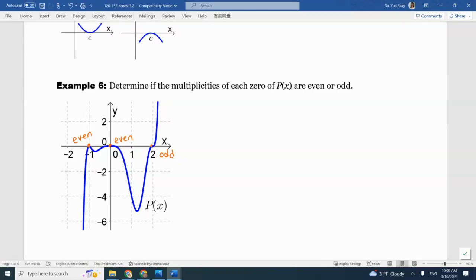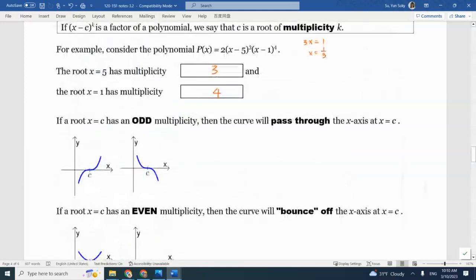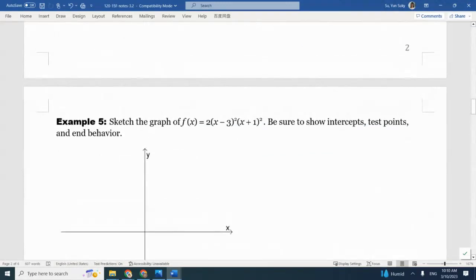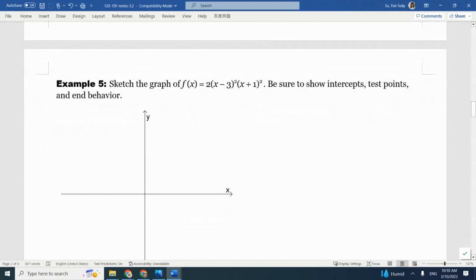Any questions so far? All good? Okay. Now we can go back to the second method. So we said the first method was test points. Second method is use the factorization. Look at the multiplicity. Okay. So look at this example.